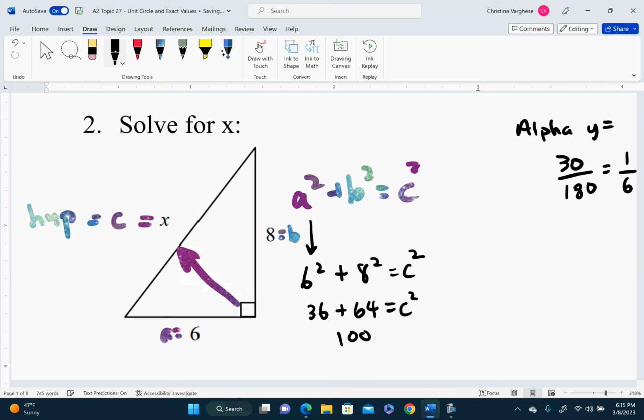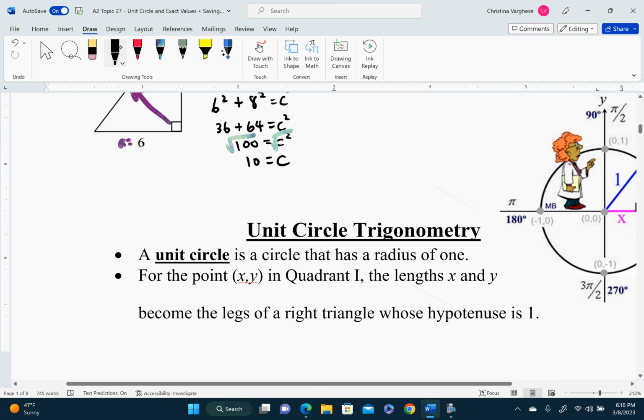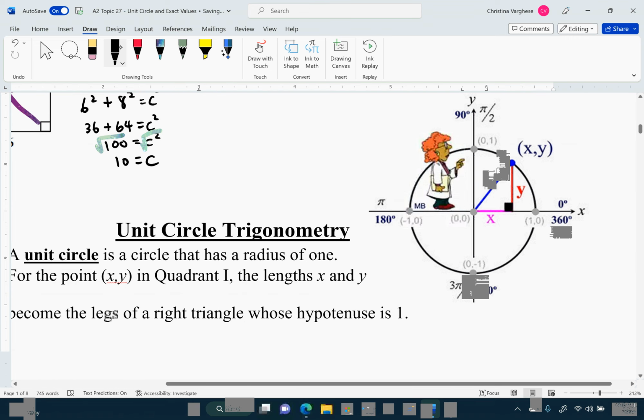So this is going to equal 100 is equal to C squared. To figure out what C is, the opposite of squaring something is finding the square root. The square root of 100 is 10, so 10 is equal to C. So this side right here is equal to 10, the hypotenuse.